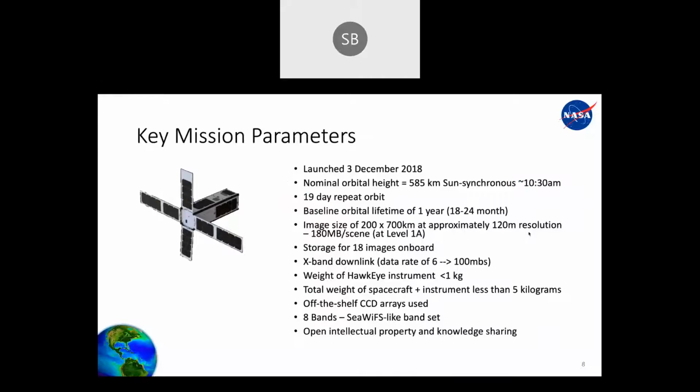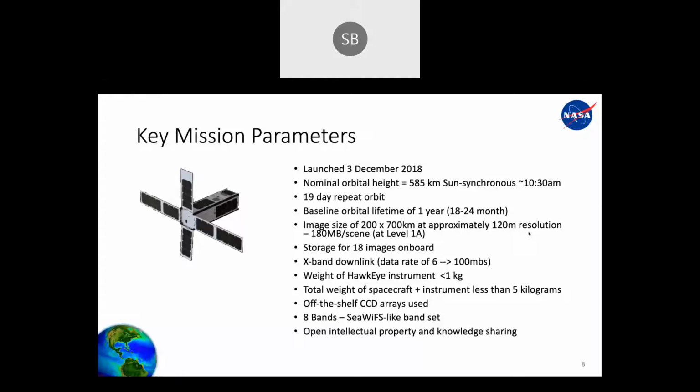Some key mission parameters. The SeaHawk instrument was launched on December 3rd, 2018, along with, I think it was 62 of its brethren little CubeSats. They all launched together off of a SpaceX launch.